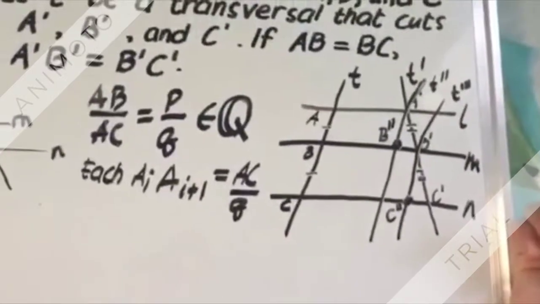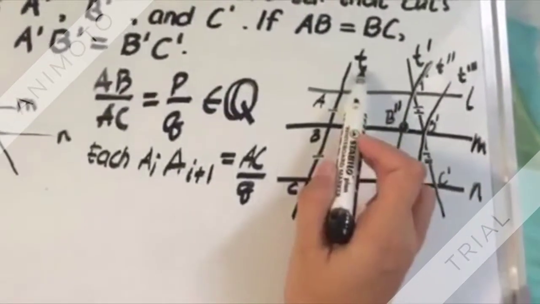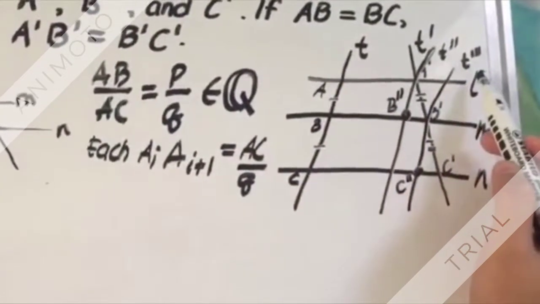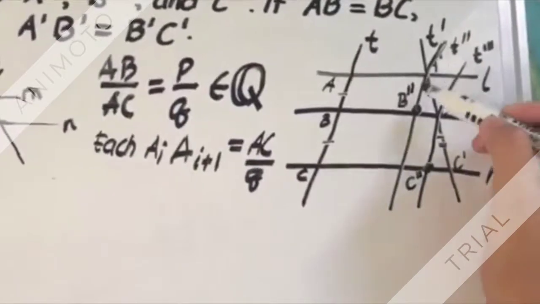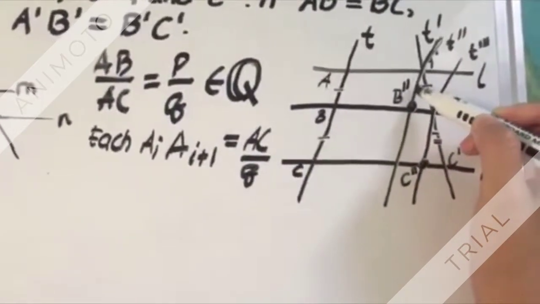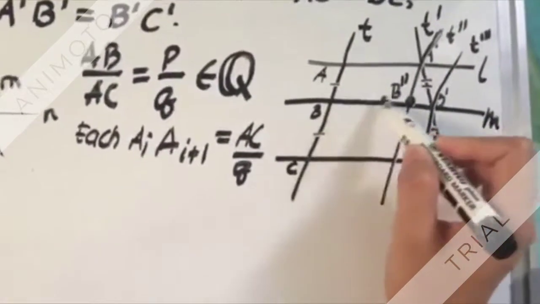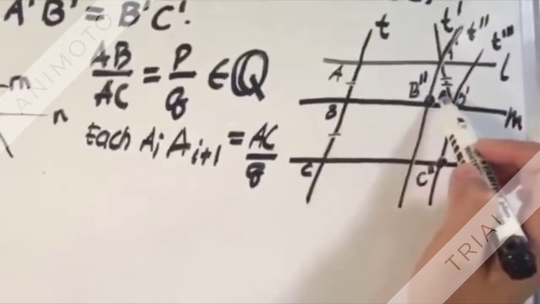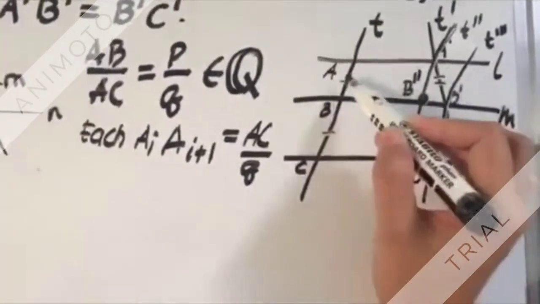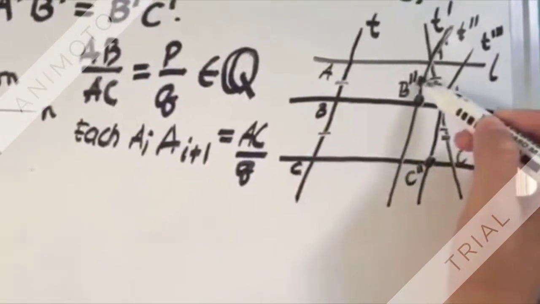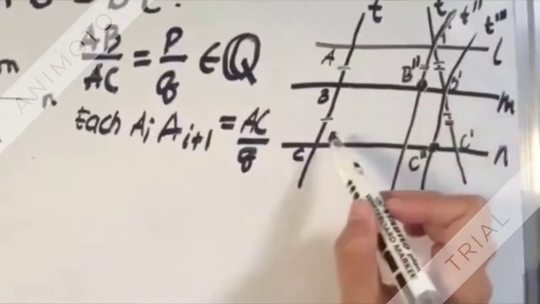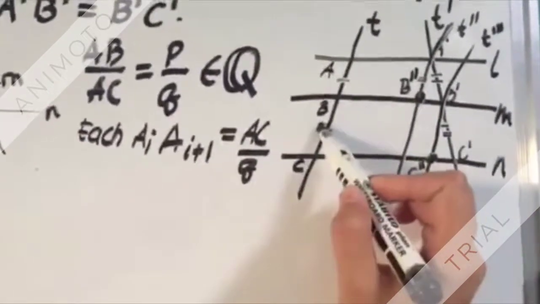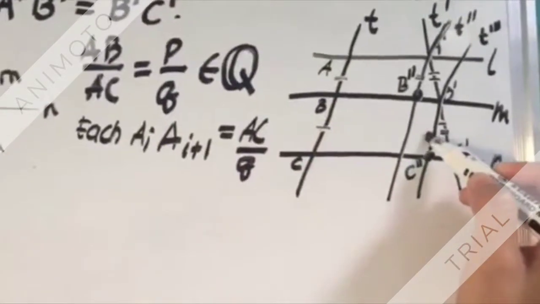As we can see, T is parallel to T double prime, parallel to T triple prime. And this side here, as you can see, forms a parallelogram. So this side here is congruent to this side.